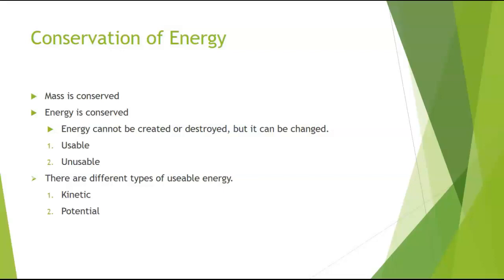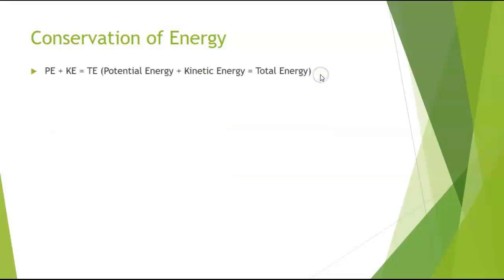Potential energy is possible energy. It is the stored energy, if you will. Kinetic energy is the energy of movement. So potential energy plus kinetic energy equals total energy. And remember, potential energy is mass times gravity times height.